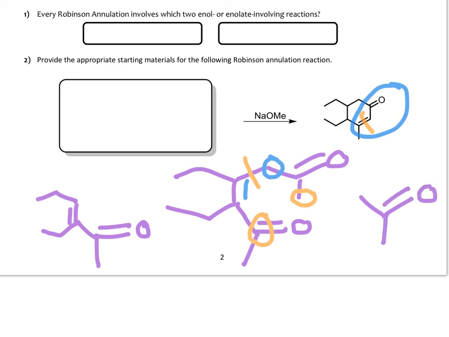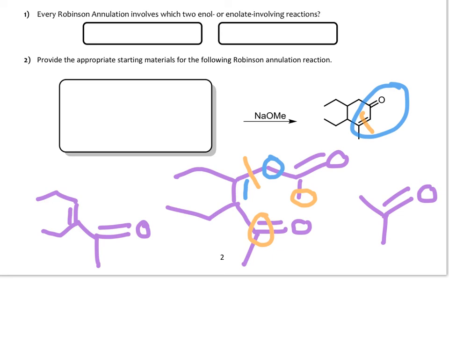The other partner is just acetone. Now remember, acetone is not something that I would have you classify as a Michael donor. It doesn't have the 1,3-dicarbonyl species.